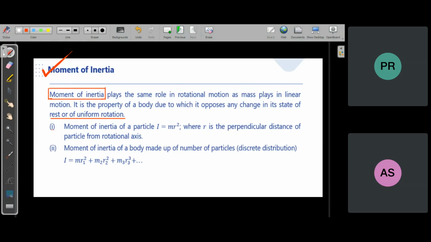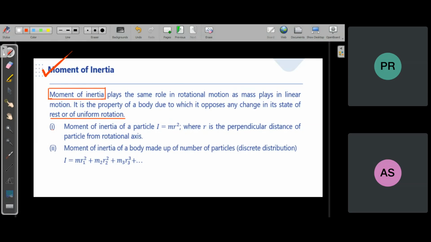So because it opposes any change in its state, change cannot take place without any external agent. An external agent is required to change the state of rest or the state of uniform rotation. So if something is at rest and you have to rotate it, it can happen only due to some external agent. And if something is rotating and it has to stop, then also there should be some external agent.